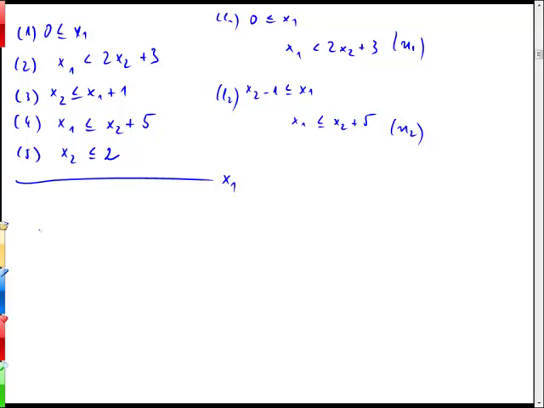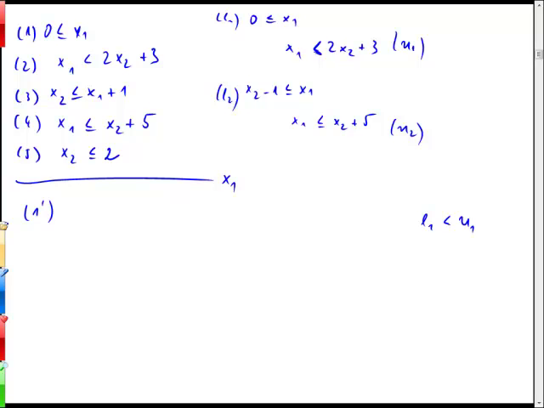So lower bound 1 with upper bound 1. Here I have a strictly less than sign. That means the lower bound must be strictly less than the upper bound in order to satisfy non-emptiness of the defined interval.